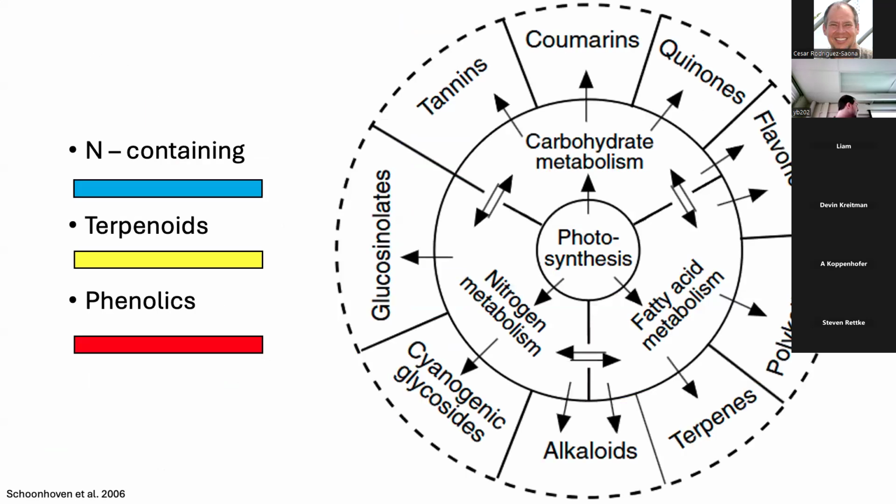And if we look at it in a different way, photosynthesis leads to carbohydrate metabolism, fatty acid metabolism, and nitrogen metabolism. Remember, these are our primary metabolites. We have lipids, the fatty acids, the carbohydrates, which are sugars and starches, and nitrogen, which is associated with amino acids. These can go on to lead to multiple different secondary metabolites, which fall under these groups.